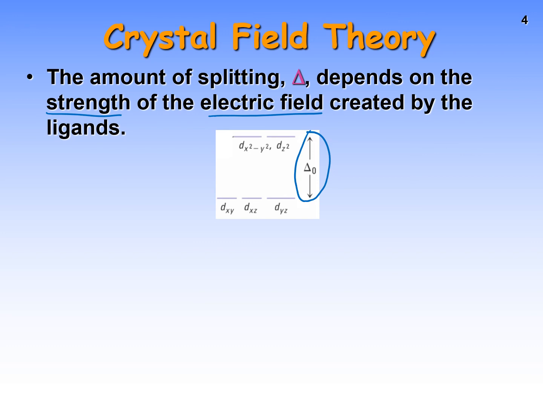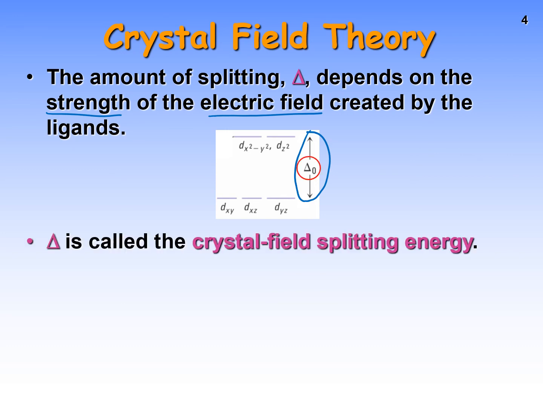And so this is really starting to get to the basis of crystal field theory, field relating to the electric field. This delta symbol here, delta O specifically, is the splitting energy for an octahedral, O being octahedral. It's defined as the distance between these two orbitals up high and the 3 orbitals down below.